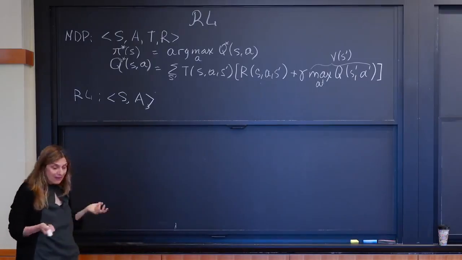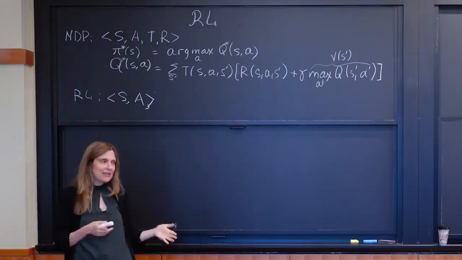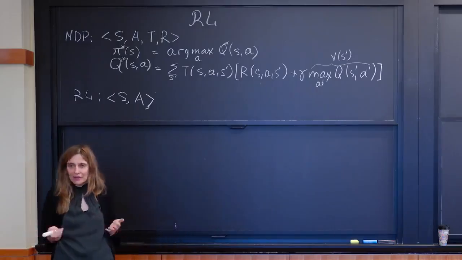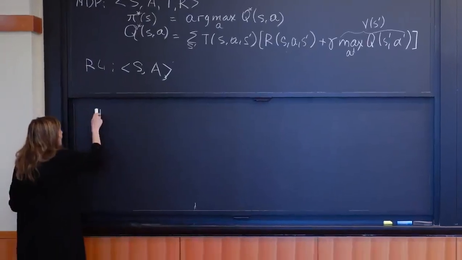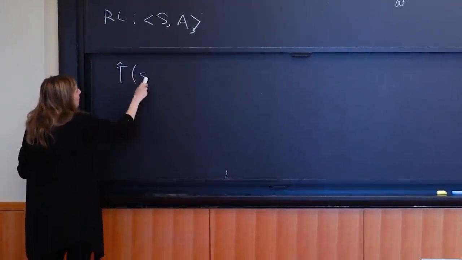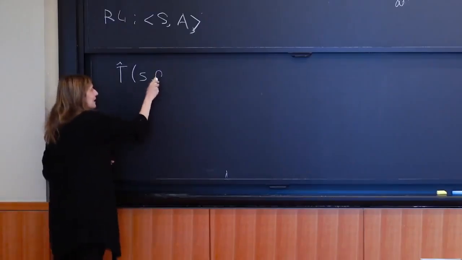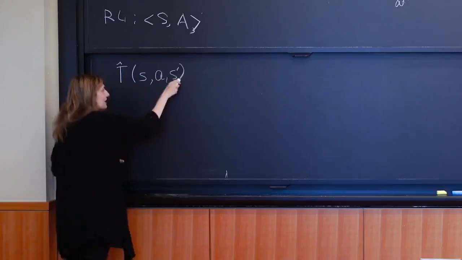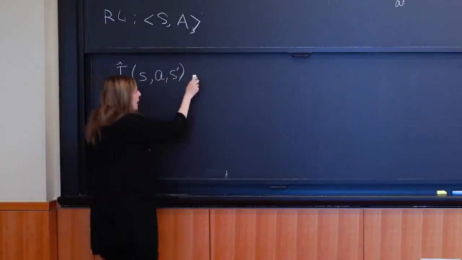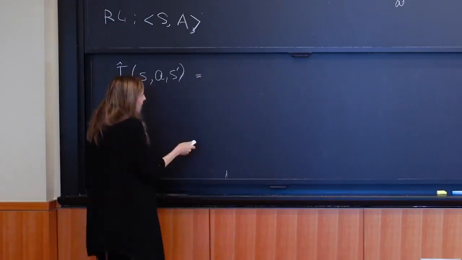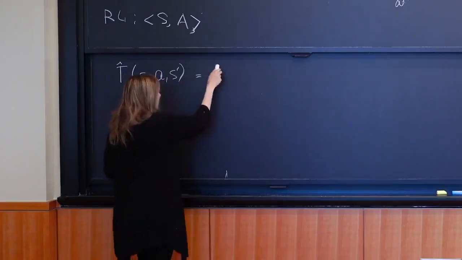For instance, you would say, fine, I can take my agent, let the agent go in the world, try, see where they end up, what rewards do they take, and then provide an estimate of T. So for instance, maybe you say, for me to estimate the transition going from state S, taking action A, and ending up in the state S prime, what I will do, I will just try some number of times to execute this transition.